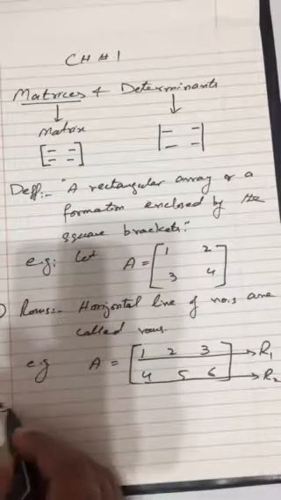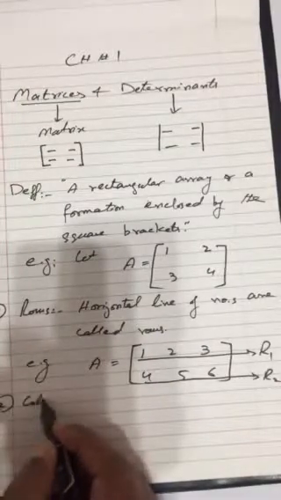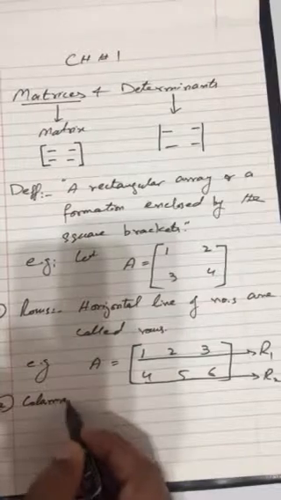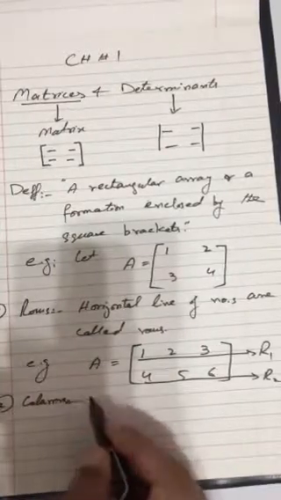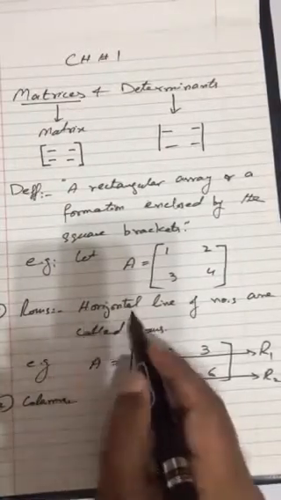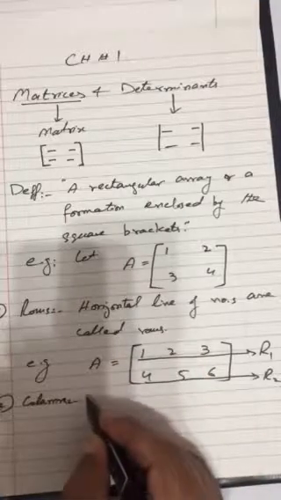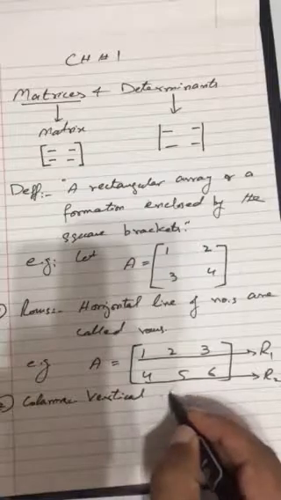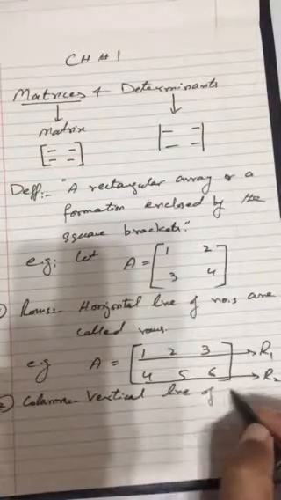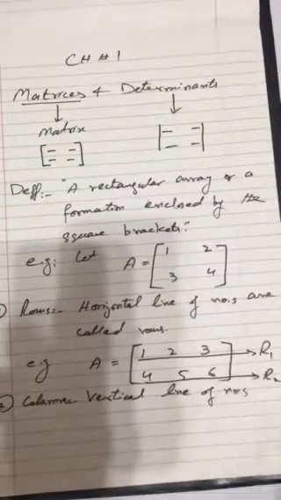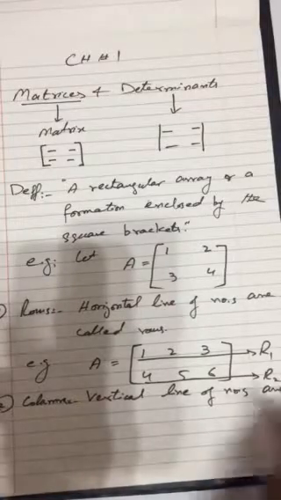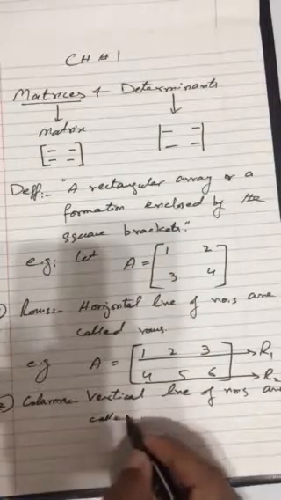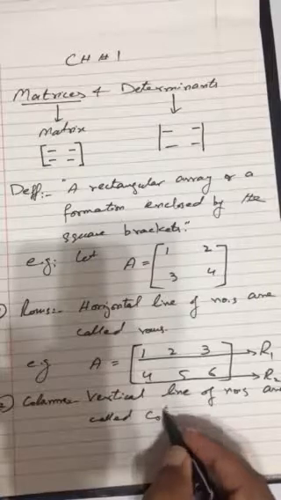In the same way, we describe the columns. In columns, we change the word horizontal into vertical. A vertical line of numbers is called a column.